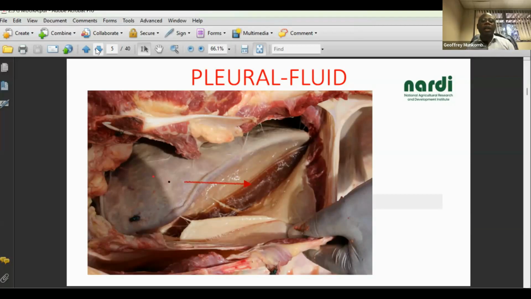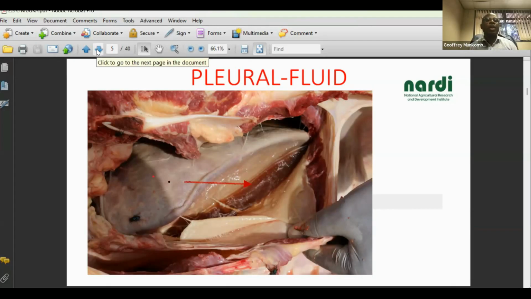And we know that in some diseases like CBPP, the water will be yellowish and looks like serum, to demonstrate the differences in the types of water that you see in the thoracic cavity. So you need to look at what is the color of the water that you're seeing, what is the consistency of the water, and what quantities do you have.